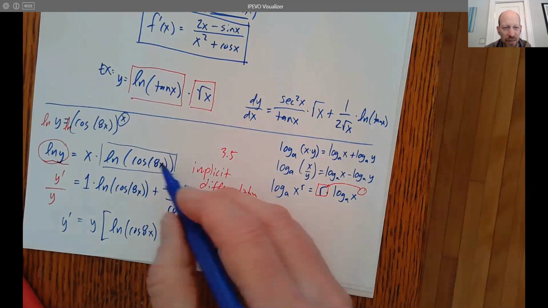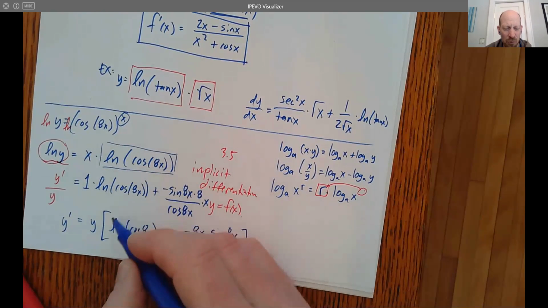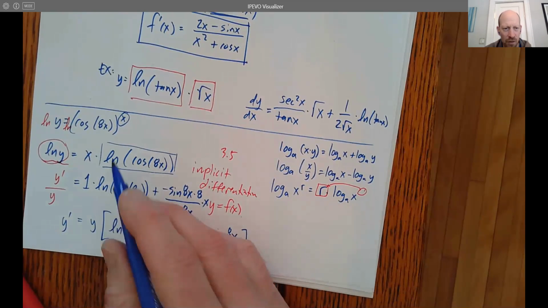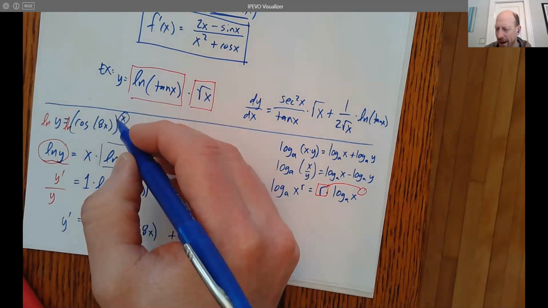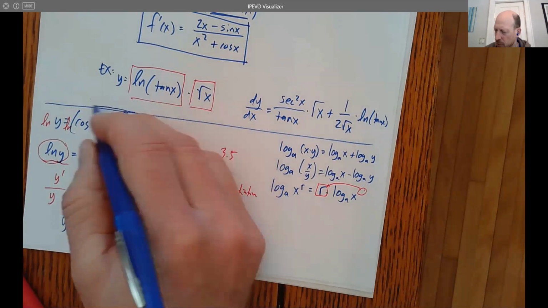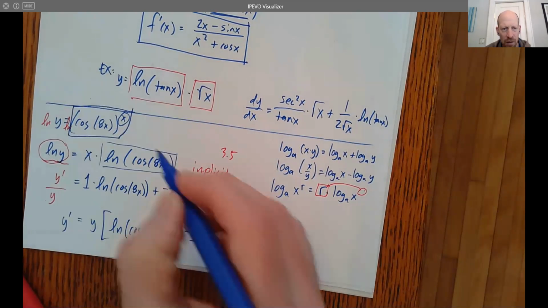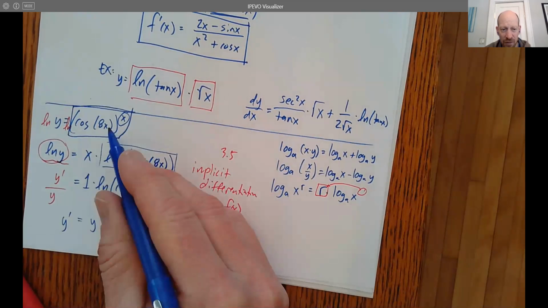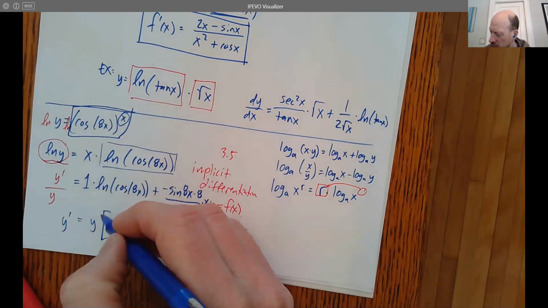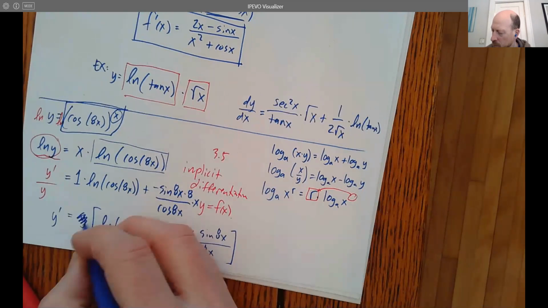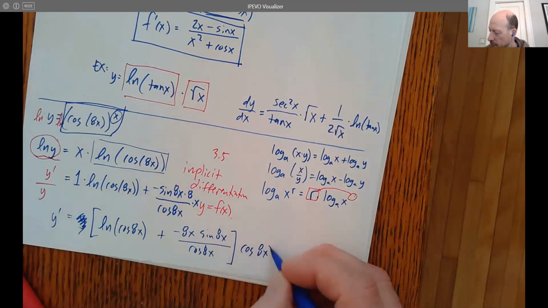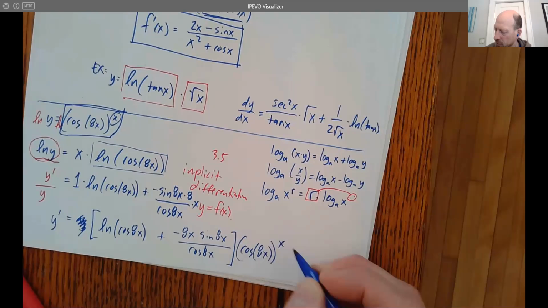And then the very last thing is just to say, well, I don't want my derivative written with y values. It should be with x if possible. And so I'm going to replace that y with what y is, cosine of 8x to the x. So instead of y here, I'm going to replace that with the cosine of 8x to the x.